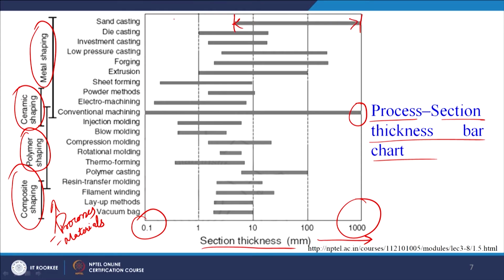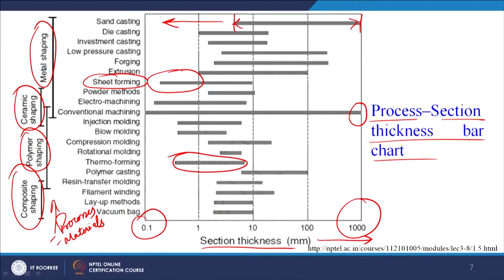But if we want the section thickness to be on the lower side, sand casting is not recommended. If we want a section thickness on the lower side, sheet metal forming is advisable. So, for very thin section thicknesses, we should go for sheet metal forming.